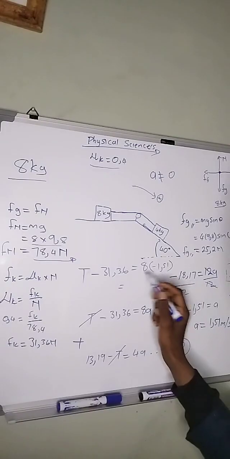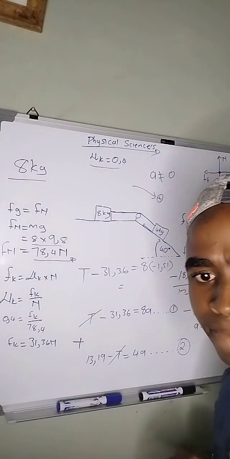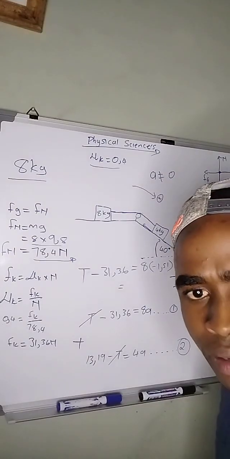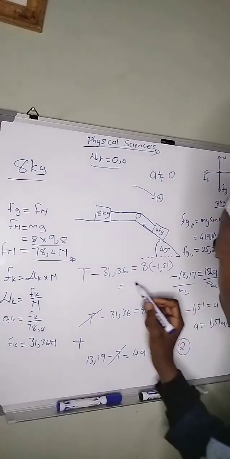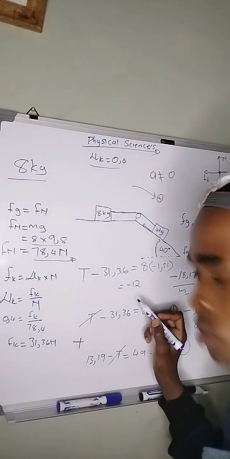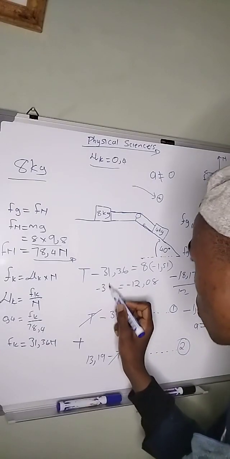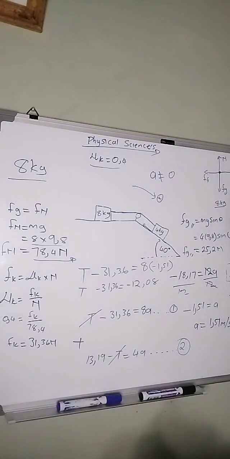If we multiply the two, it's going to be negative 12,08, which is negative 31,36, which is T.